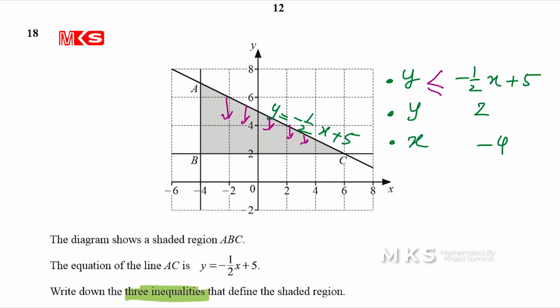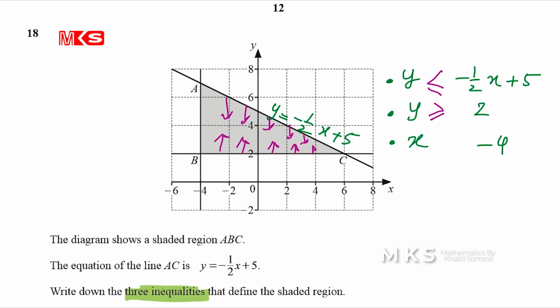And for the second case, BC is a horizontal line and the shaded region is above it. Above means greater than or equal to. Since the boundaries are solid lines, we write greater than or equal to.